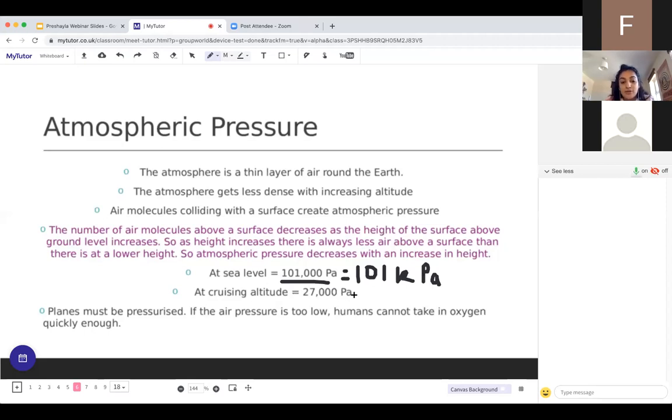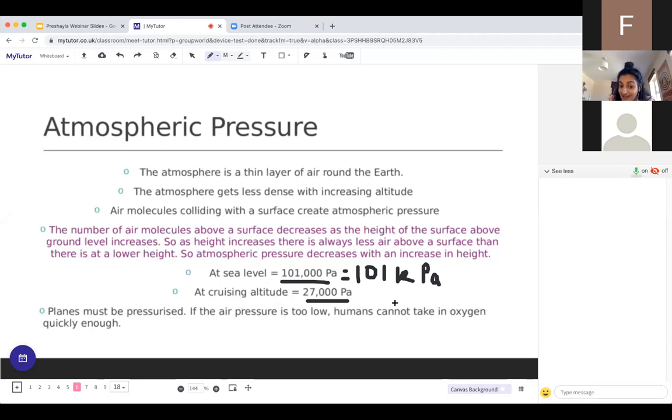And then cruising altitude, so the height that a plane normally flies at, is known as cruising altitude. As the plane is cruising through the sky, it's usually, on average, going to be at a pressure of 27,000 pascals.